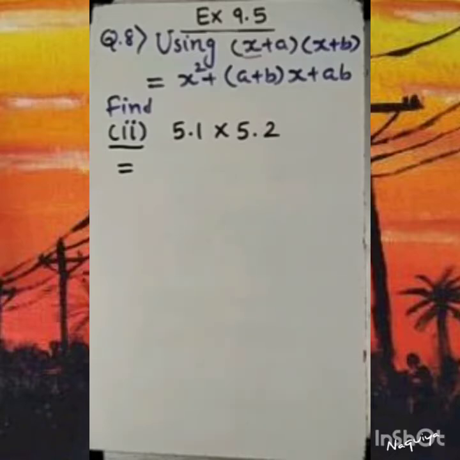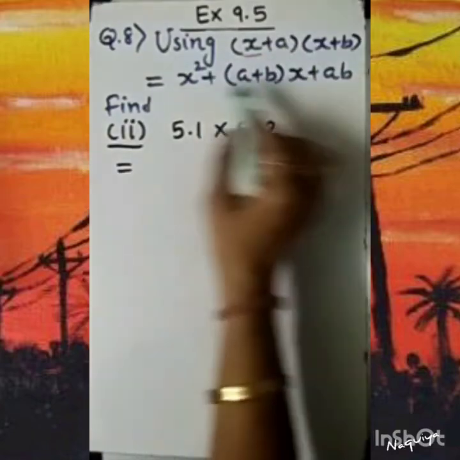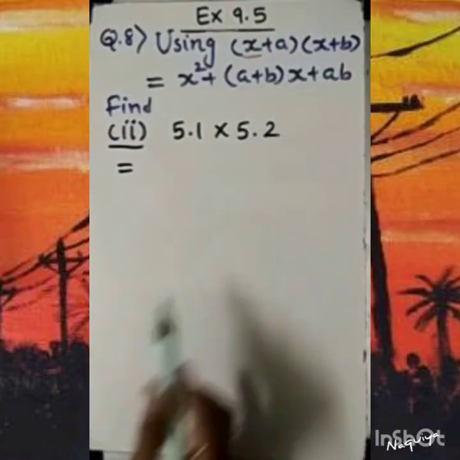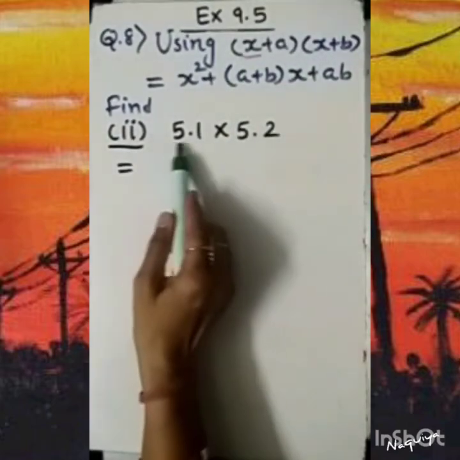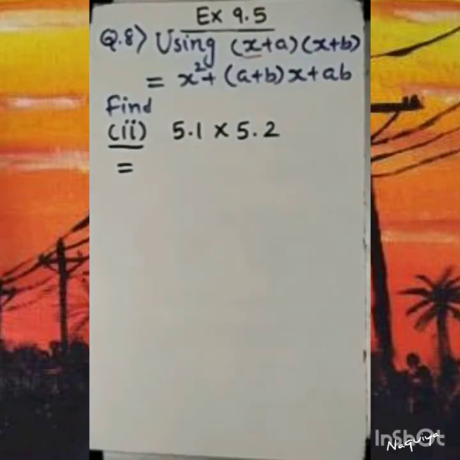Okay, dear students. So you can see in the second, we are given second question 5.1 into 5.2. Fine. So we have to apply here this useful identity. According to that, the first term must be similar. In 5.1 and 5.2, which is similar?